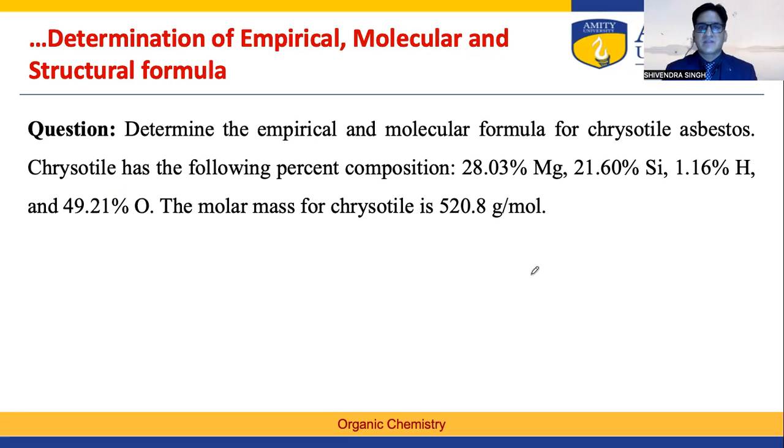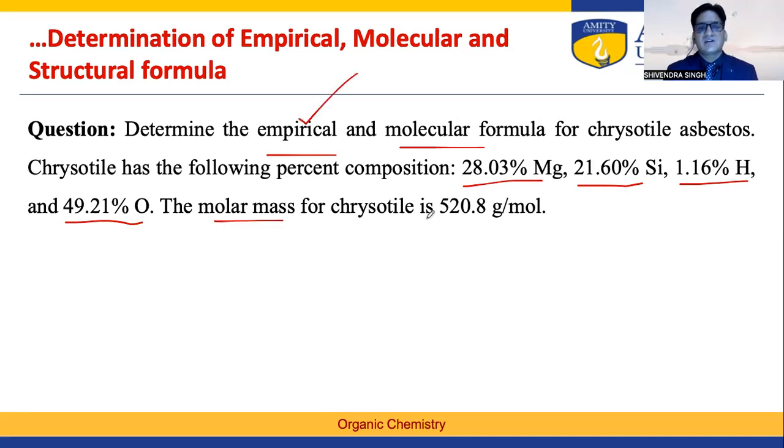Another question for practice I'm giving is like determine the empirical formula and molecular formula of triacetyl asbestos. It has the following composition: 28.03% magnesium, 21.60% silicon, 1.16% hydrogen, and 49.2% oxygen. On the basis of this given data, we can find out the empirical formula.